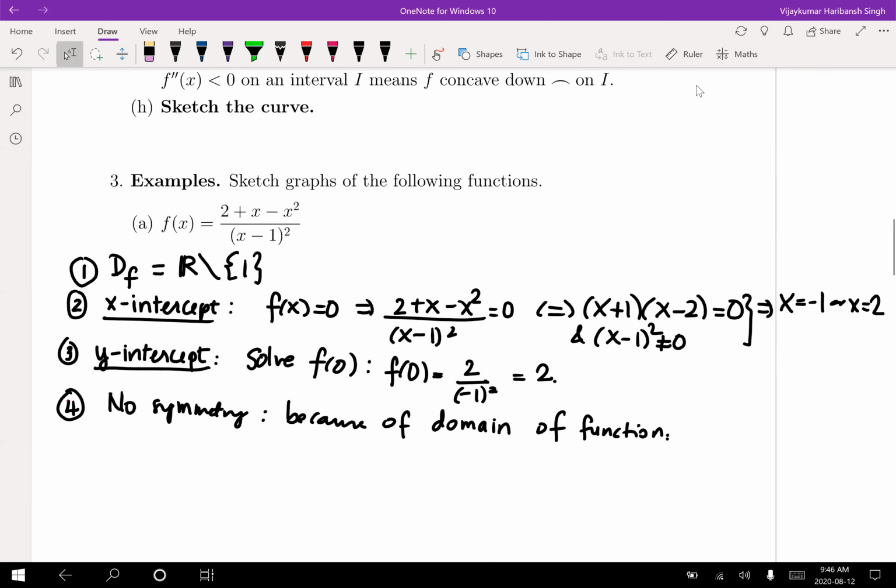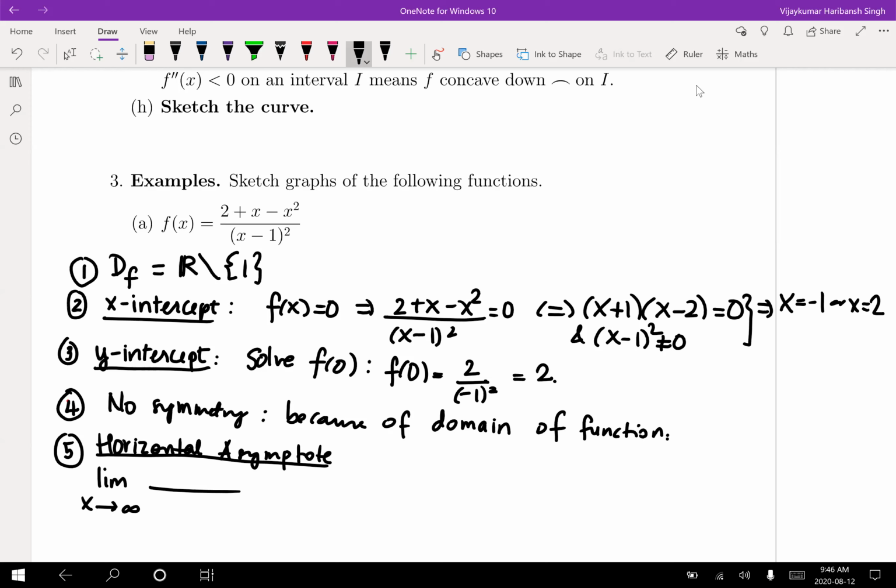So for the horizontal asymptote, compute the limit as x goes to infinity of f of x.